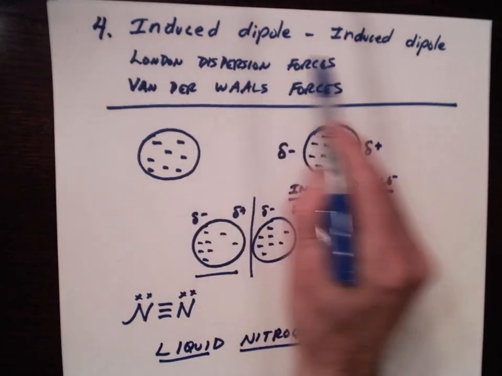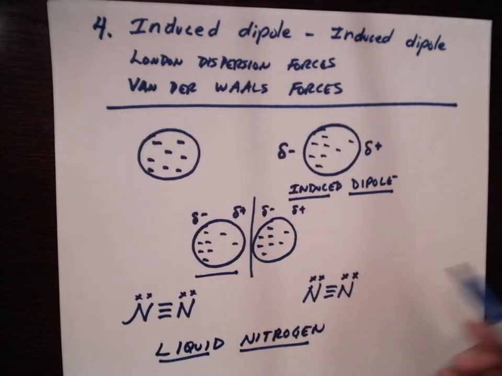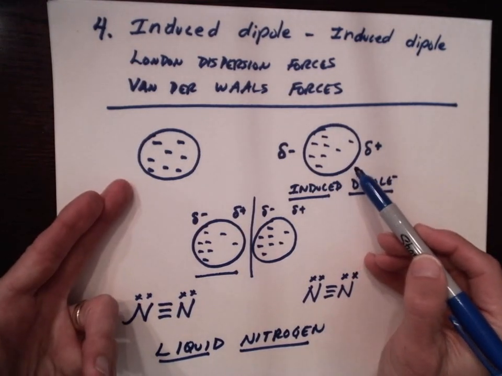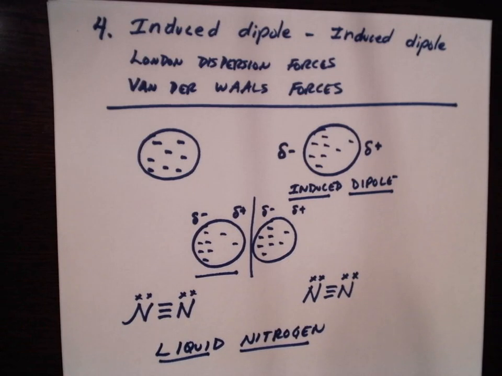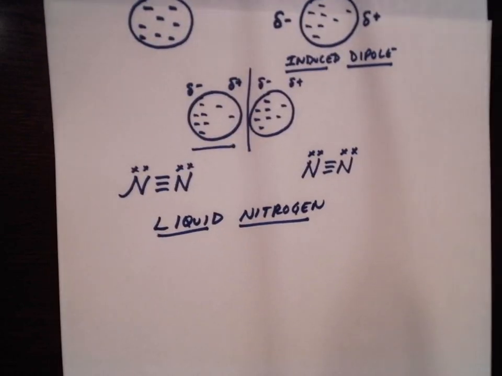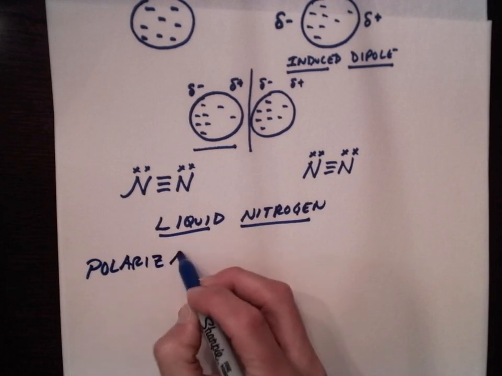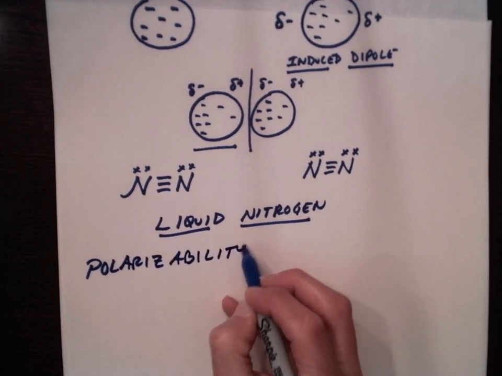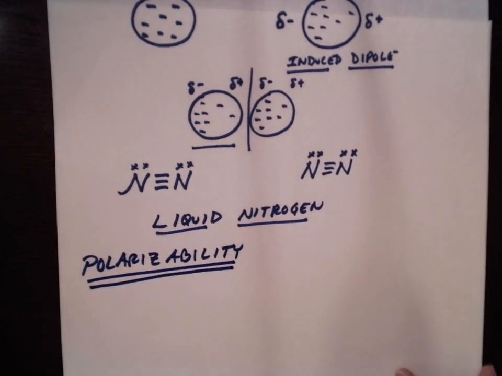So the induced dipole force, or London dispersion force, or van der Waals force, which causes nonpolar molecules to have some attraction to one another, makes it possible for entities like liquid nitrogen to exist. Now this effect, this induced dipole force, is strongly influenced by what's known as the polarizability of an electron cloud.